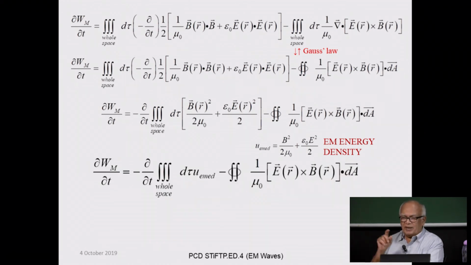So, I combine the magnetic energy density and the electric energy density together to get the electromagnetic energy density, which I write as the lowercase u with subscript EMED, the electromagnetic energy density. All right. The subscript uppercase M on W is the mechanical work done. Okay.